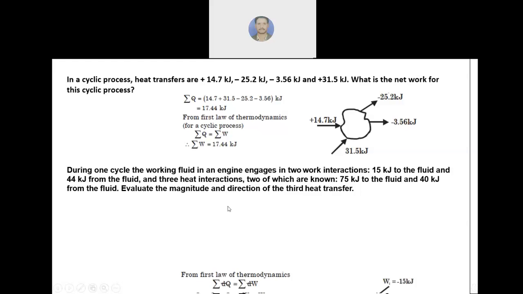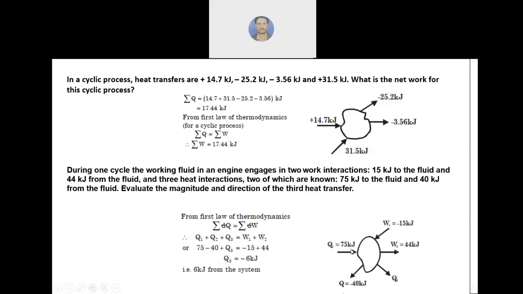Now you will proceed. See, the fluid is our system. First, the work interaction of 15 kilojoule to the fluid: work is done on the system, so it is negative, minus 15 kilojoule. Next, 44 kilojoule from the fluid means the system is doing 44 kilojoule of work, so W2 is positive 44 kilojoule.